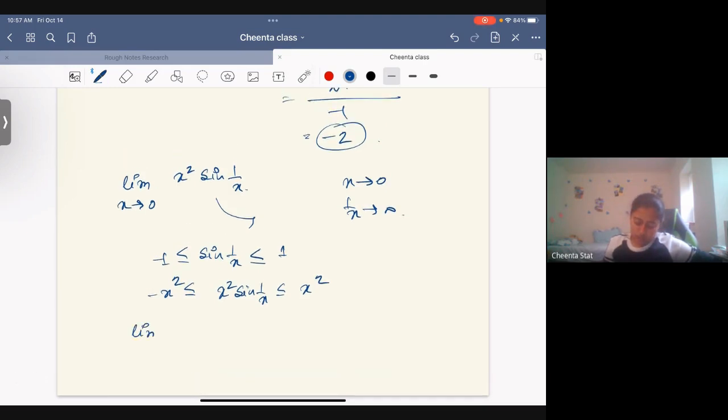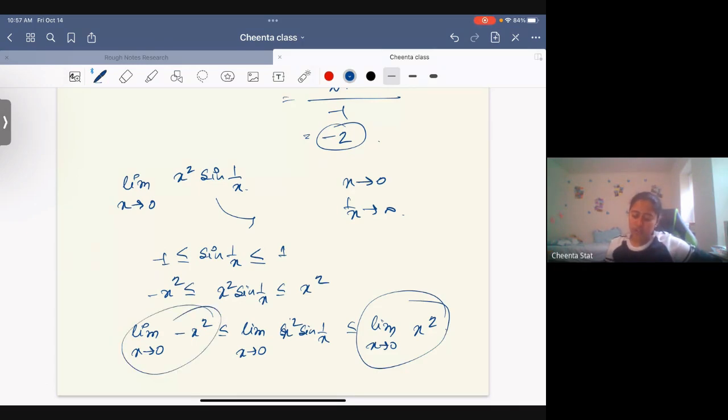Now we will put the limit. We can see that both of these limits are going to 0 as x tends to 0. So as this function is less than this function, and this is also converging to 0, then we can say that this function will also converge to 0, even though we cannot find it separately.